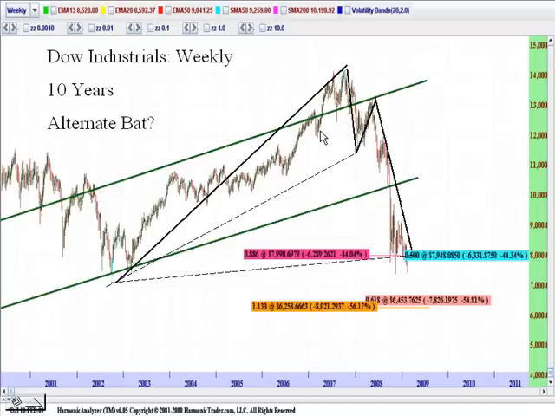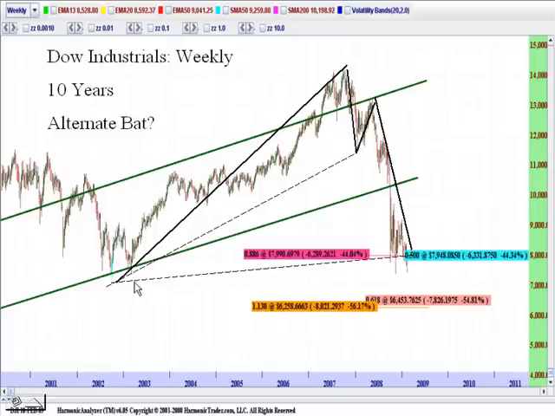But what we have here, and this is stretching it, is not even a distinct pattern, but interestingly enough, what we possibly have is an alternate bat structure where you have a very shallow B point, and then you have this M-type pattern, but with a shallow B point, your pattern completion is lower.